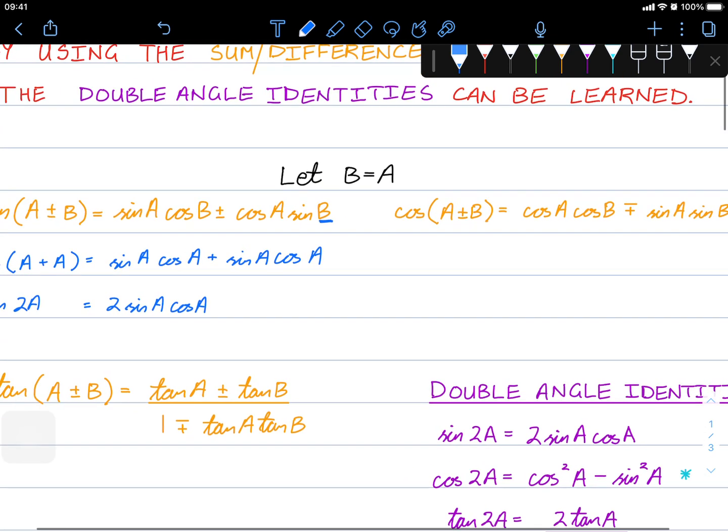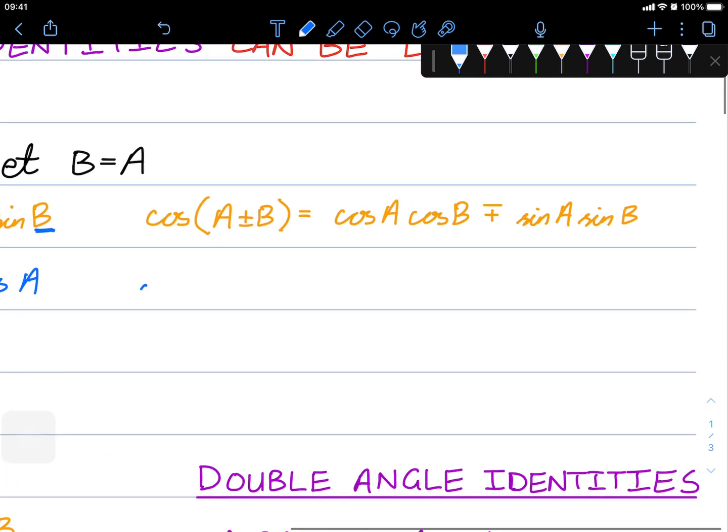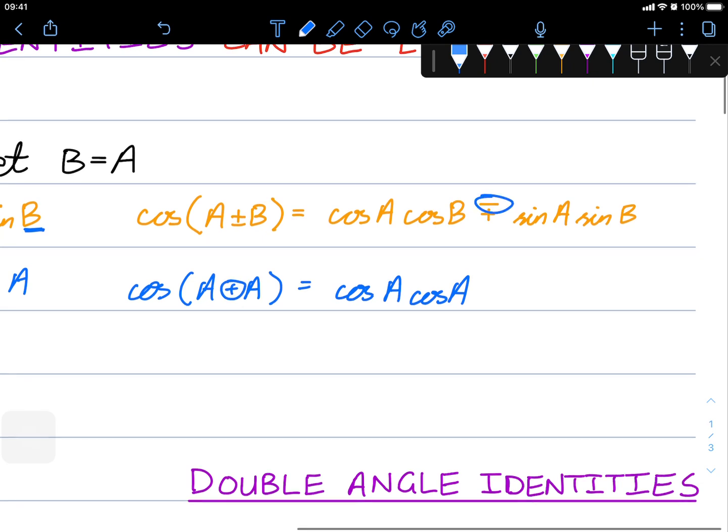The exact same thing can be done for cosine. So we let b equal a, so cos of a plus a. This will become cos a. B is now a. If it's plus, we must take minus. So minus sine a. Sine b is now also a.